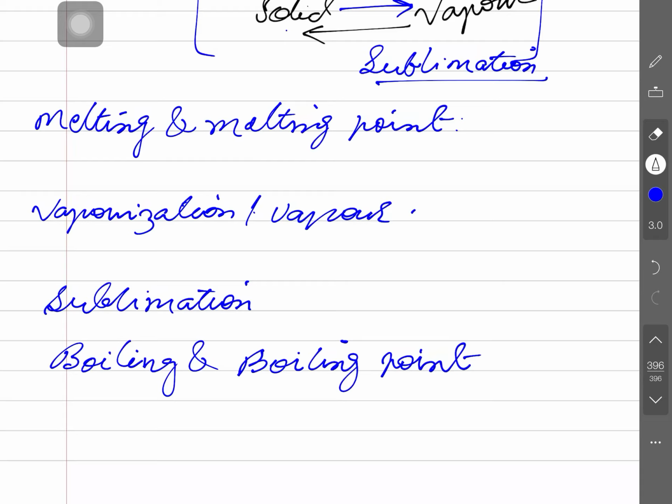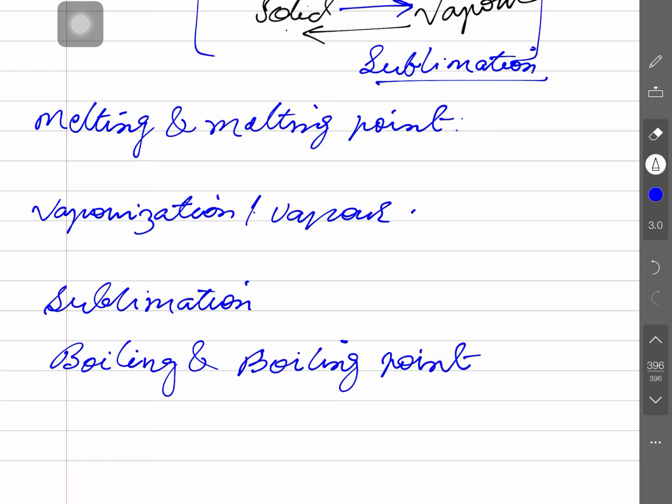So, first is melting point. Ice is converted into water by giving heat. This is called melting, and the temperature at which the process occurs is said to be the melting point. And vaporization: the conversion of liquid into vapor is said to be vaporization, and the temperature at which the process takes place is the boiling point.